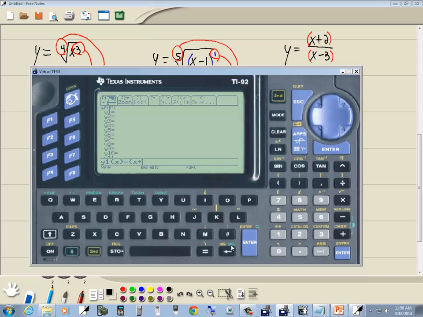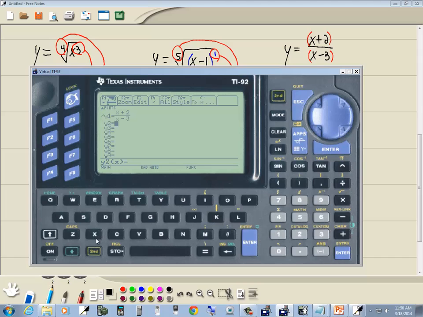So if I go back like that, then I can put what I want. You can also use the insert and delete above it if you've got something really complex and you don't want to retype a lot of it. But I'm just going to show you the backspace. Okay, then closing parentheses, divided by, beginning parentheses, x minus 3, and then closing parentheses and enter.